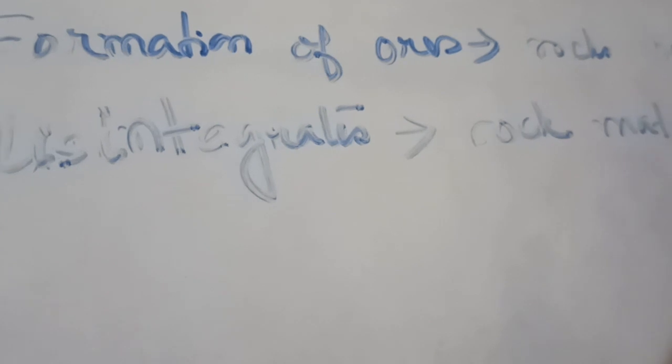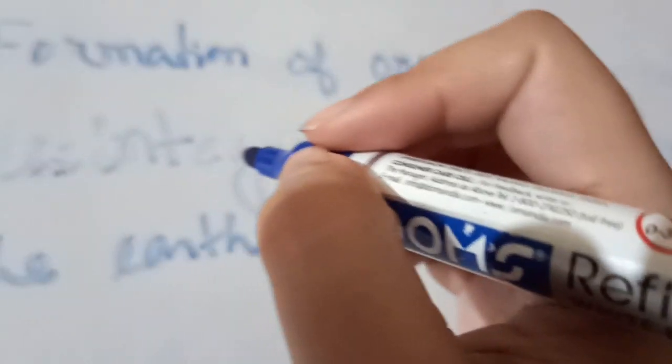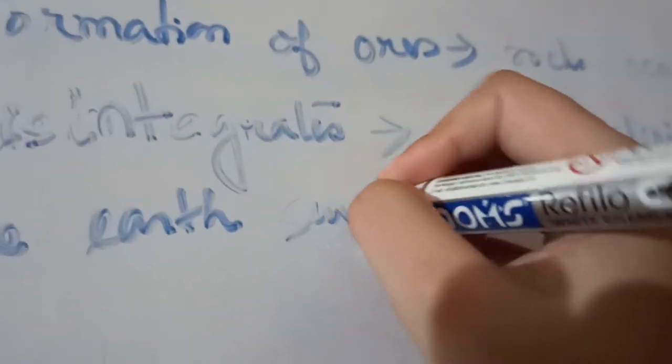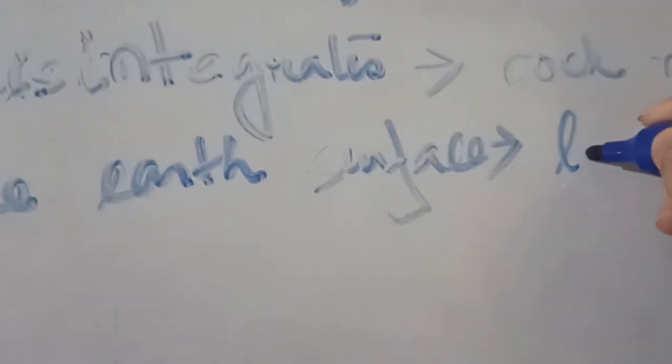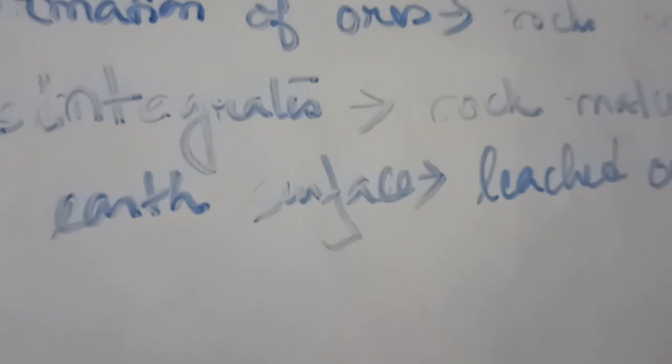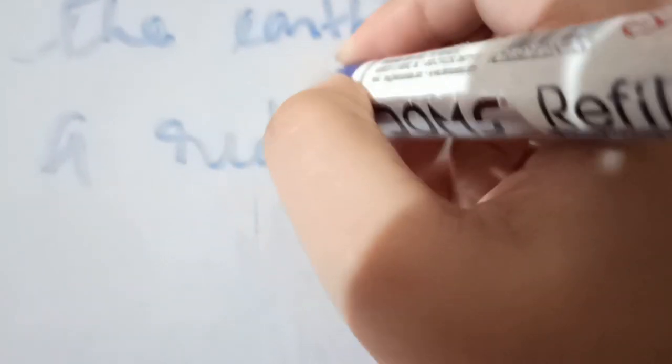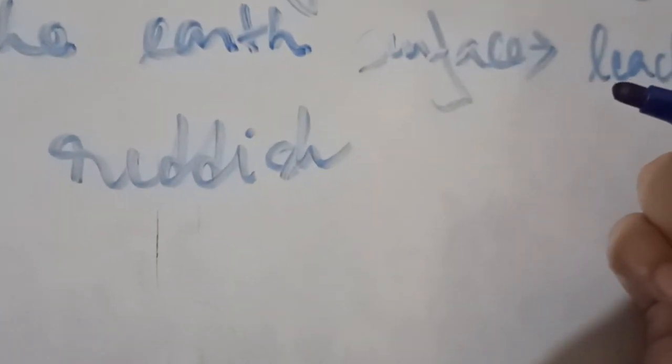And the disintegrated soil and rock materials of the earth surface sometimes get leached out and thus a reddish rock material is formed by the weathering.